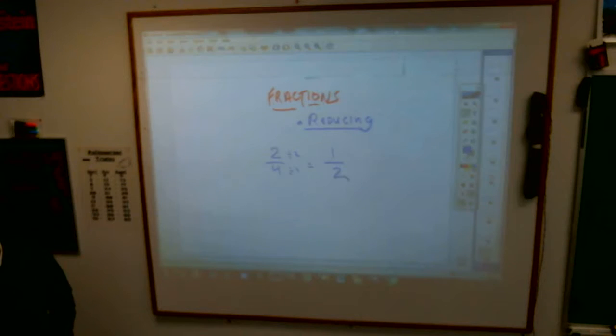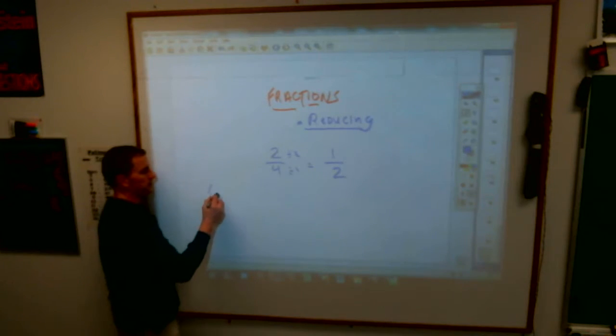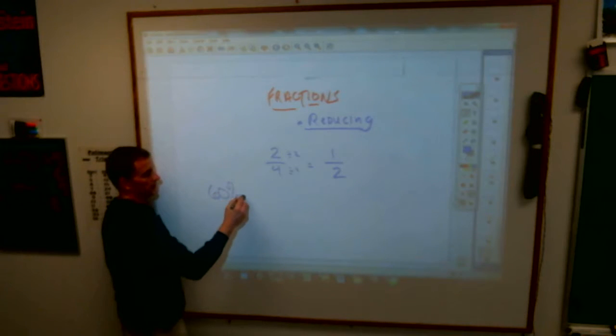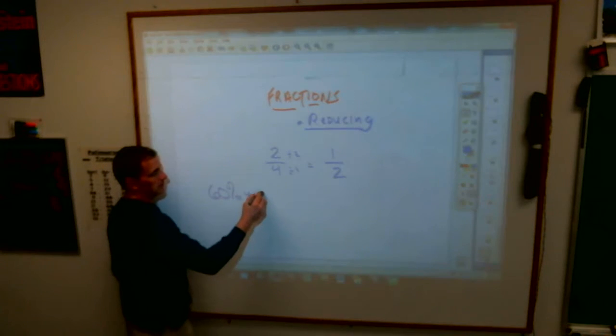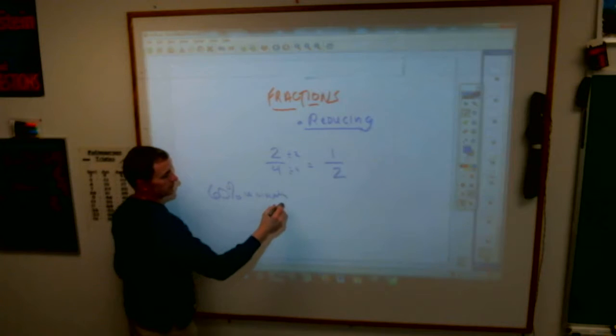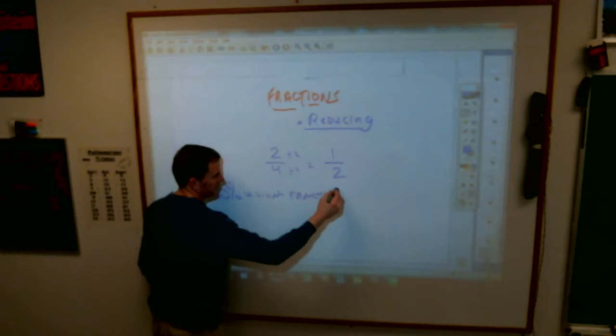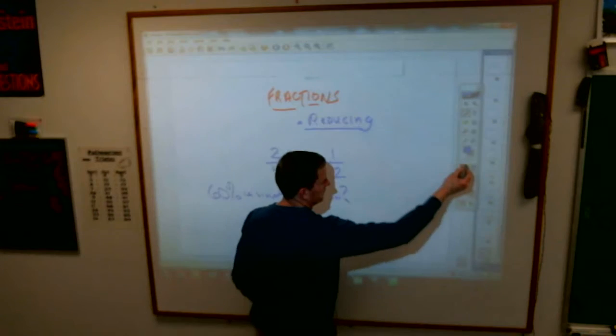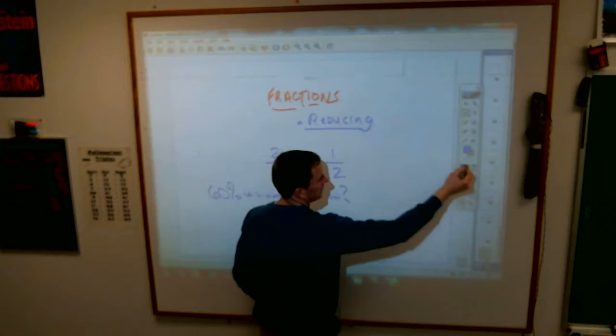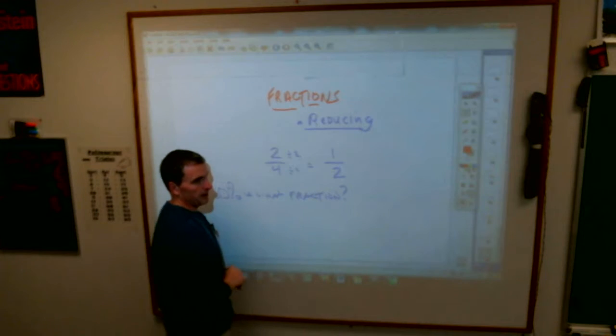Now they're gonna give you ones where you have to think a little bit more about the reducing of it. For example, here's a question from the book. 60% is what fraction? Who's got a thought on what 60% is as a fraction? How would I make 60% a fraction?